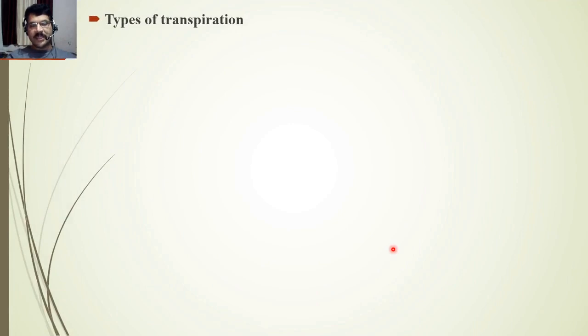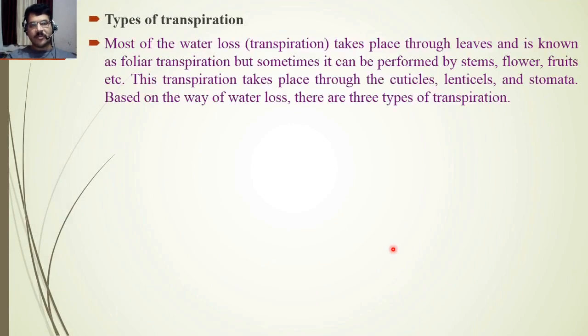Now we will see types of transpiration. Most of the water loss, that is transpiration, takes place through leaves, and because leaves contain stomata, water loss takes place through leaves. This particular transpiration is known as foliar transpiration.